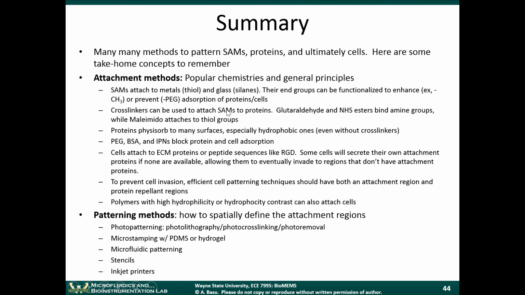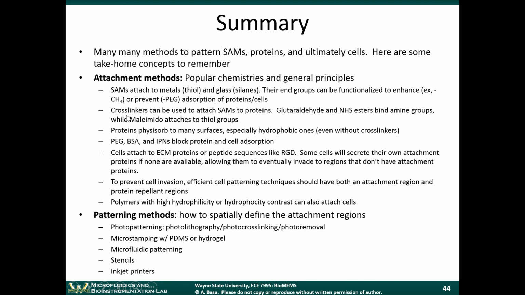Remember, the self-assembled monolayers have two sides, the side that attaches to the surface, and then the end group. So something like the methyl group, CH3, can enhance the absorption of proteins or cells. By contrast, polyethylene glycol, which is a long chain hydrophilic polymer, can prevent the absorption of proteins in cells.